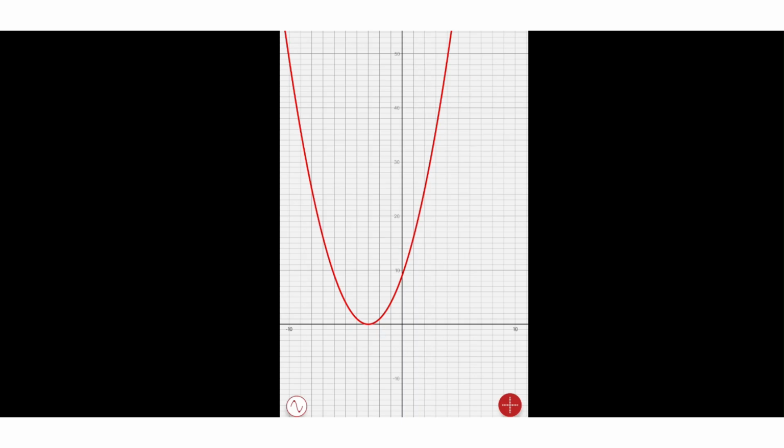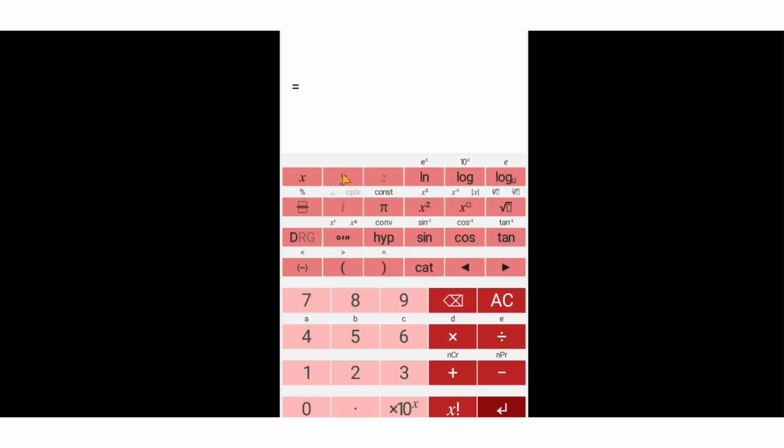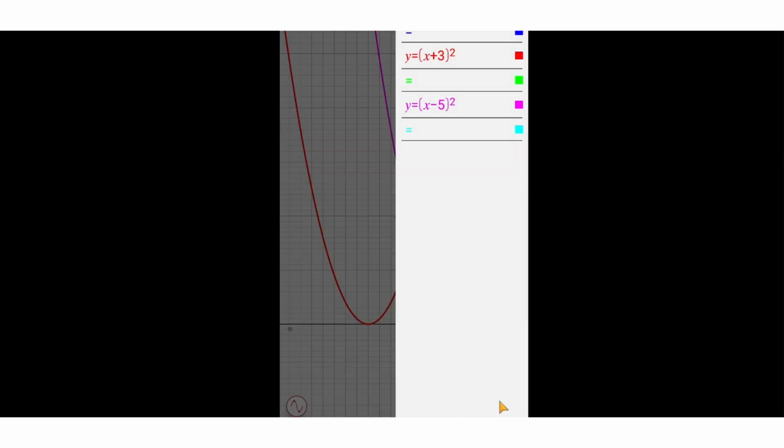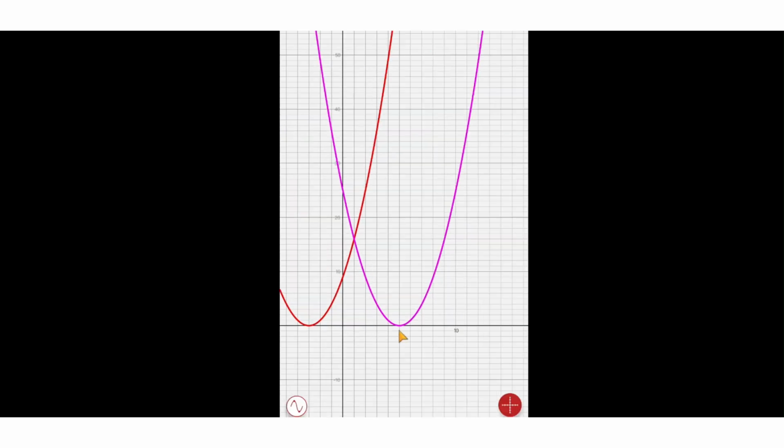Now let's plot y equals x minus 5 all squared. On plotting, this is what we have. It has just one solution, one solution twice. That's why when we solve equations like that, we have one solution twice.